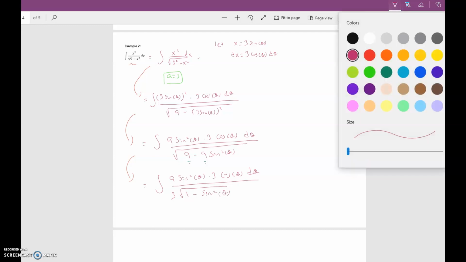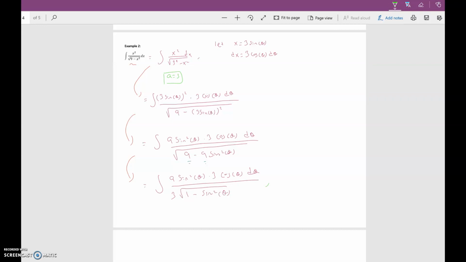The identity that we're going to use here is that cosine squared of theta plus sine squared of theta is equal to 1. So 1 minus sine squared is equal to cosine squared. So cosine squared of theta is equal to 1 minus sine squared of theta.